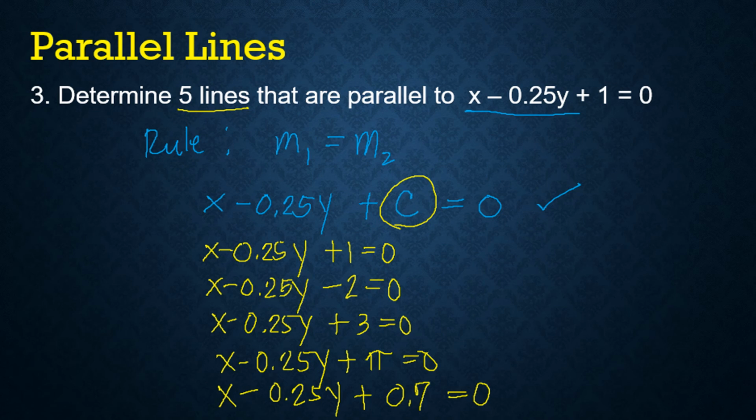Now, since the given is already x minus 0.25y plus 1, we can change this plus 1 to make it plus 10. So we just change the constant and everything will be parallel already to the existing line x minus 0.25y plus 1 is equal to 0.